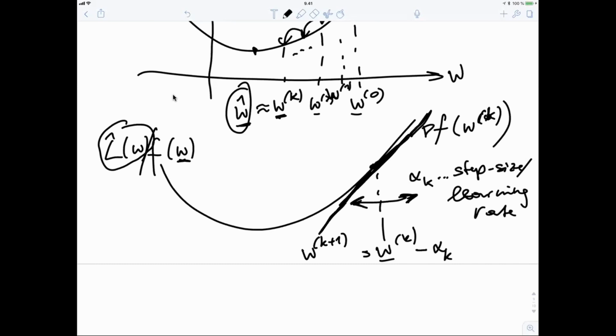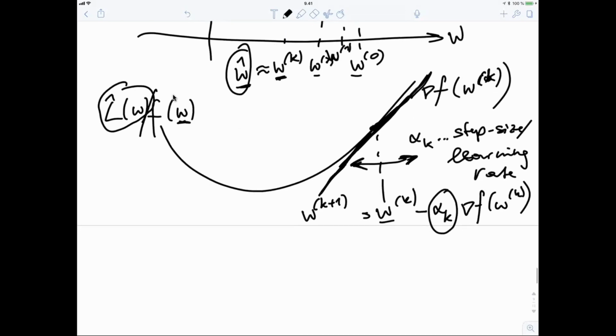So we don't minimize this linear approximation exactly. We only minimize it in a neighborhood, and this neighborhood is defined by this step size parameter. Okay. So that's it. That's the basic idea of gradient descent.